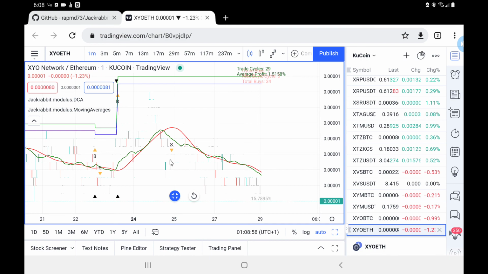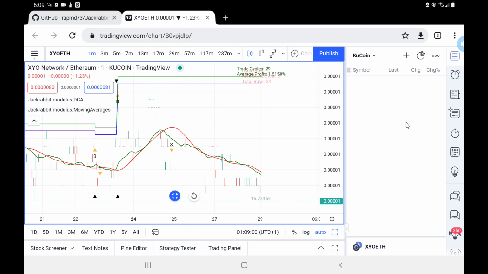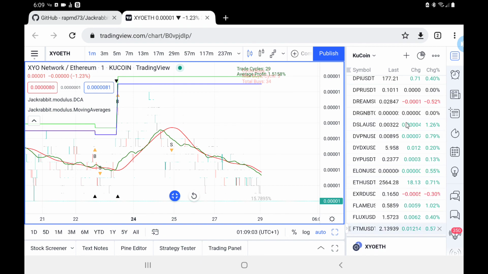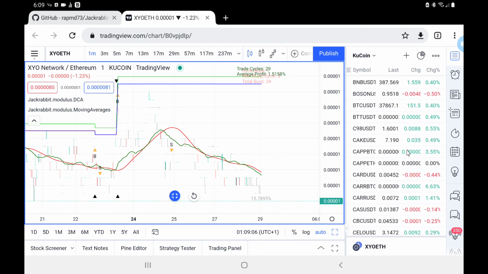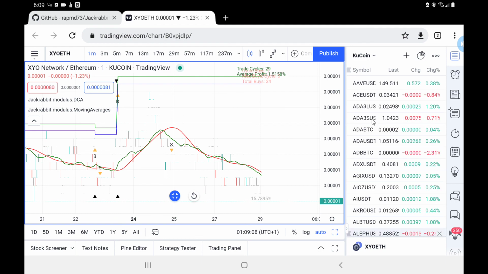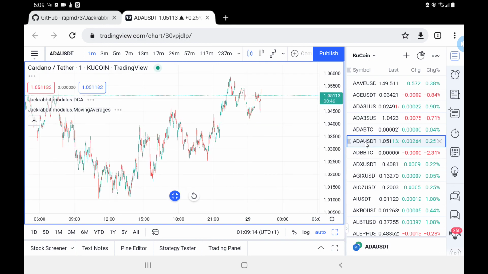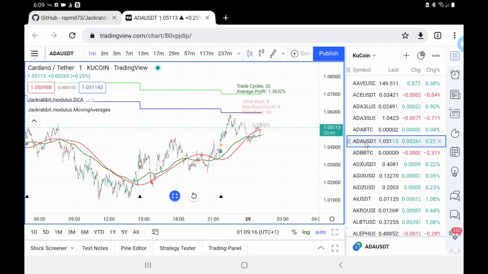So no matter what kind of a market we're trading, there's certainly nothing wrong with a combination like this. And let's go to one of my favorites. It's not the most profitable, but it certainly does a good job here.